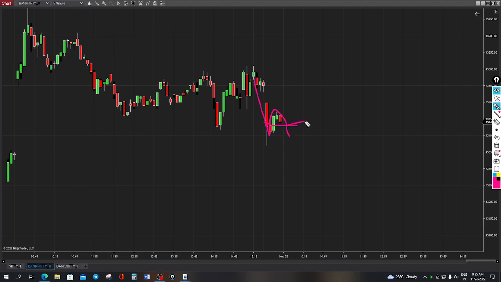If it stops here, it has to go up. If it breaks this point, probably it will come down. It's not very bearish, it is still bullish.